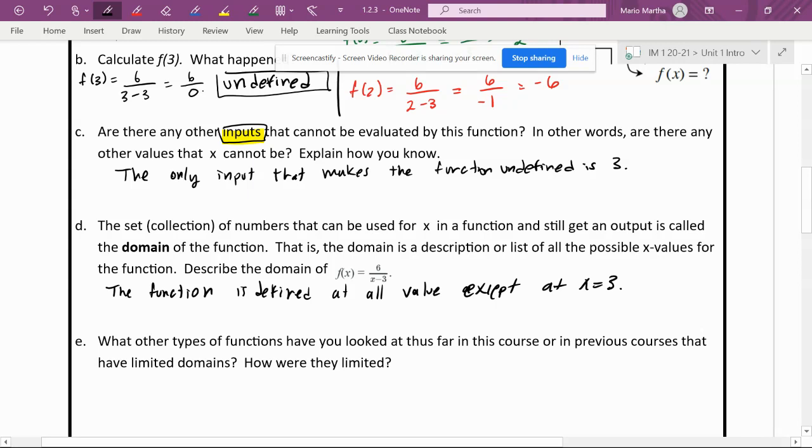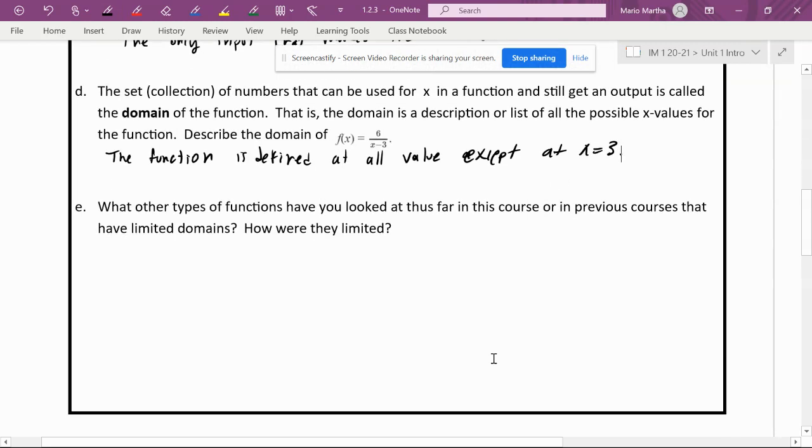All right. What other types of functions have you looked at thus far in this course and previous courses that have limited domains? Do you think there's another one? And how were they limited? It depends what type of functions you remember here. Since this is a beginning course, you've seen the straight lines, maybe the exponential functions.